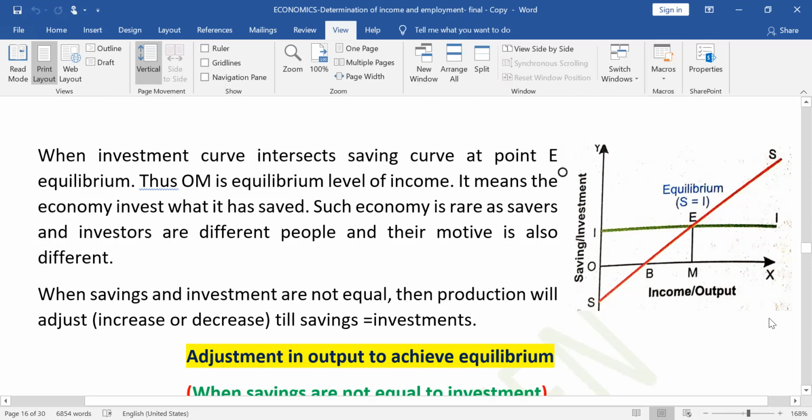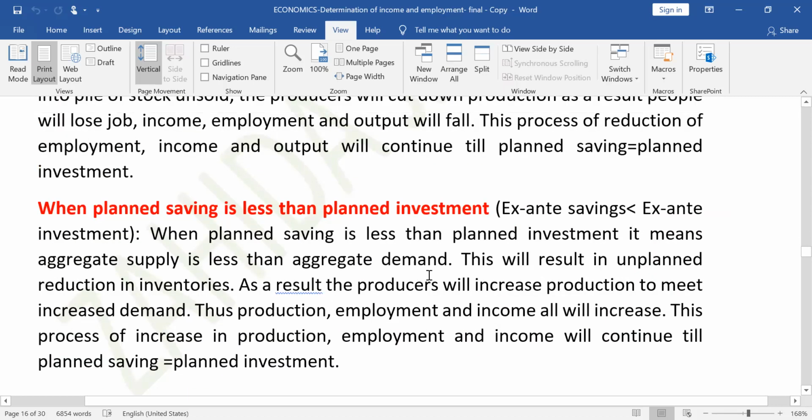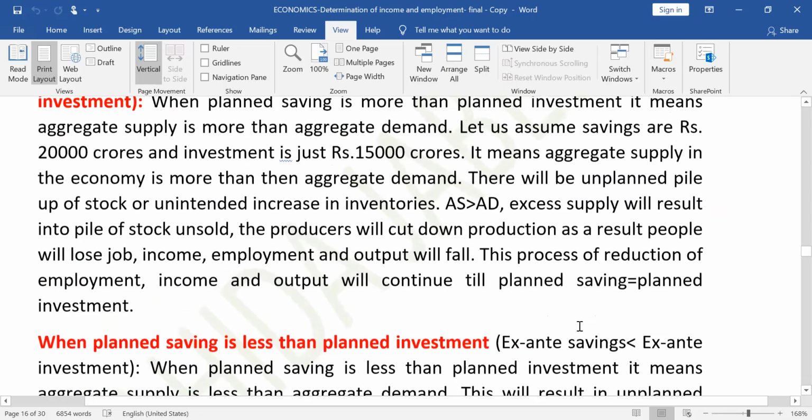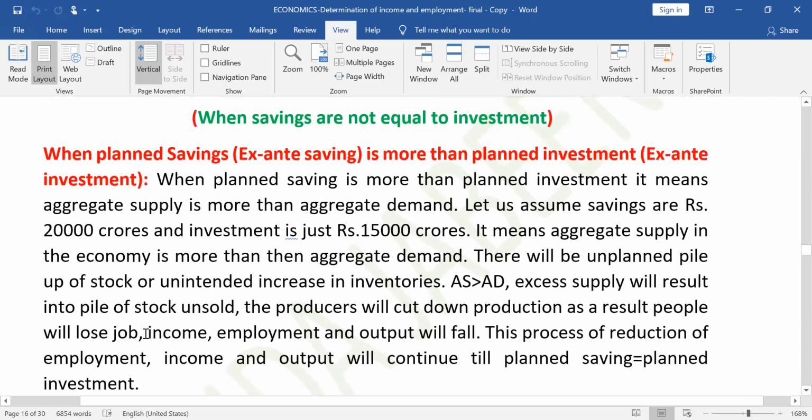If you want to see the explanation of that, look at what happens when planned saving is more than planned investment. It means that aggregate supply is more than aggregate demand. So there will be an unplanned pile up of stock, or unintended increase in inventory.